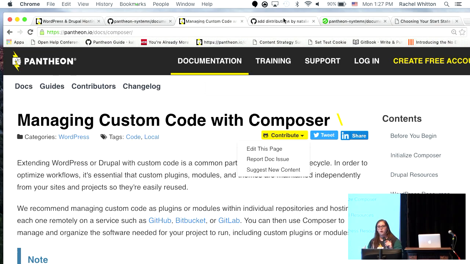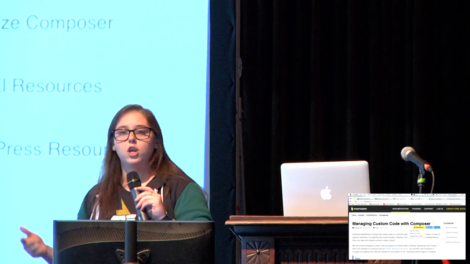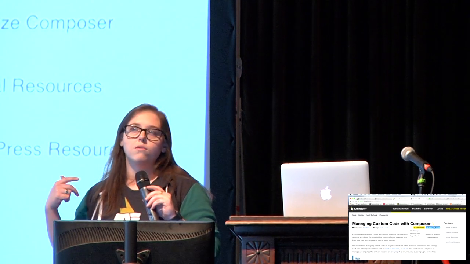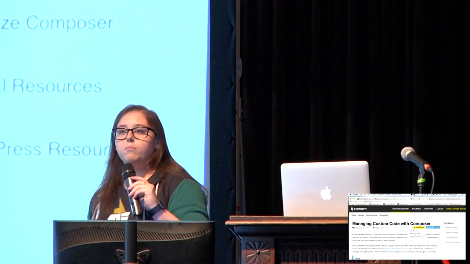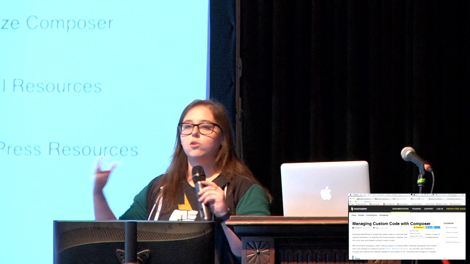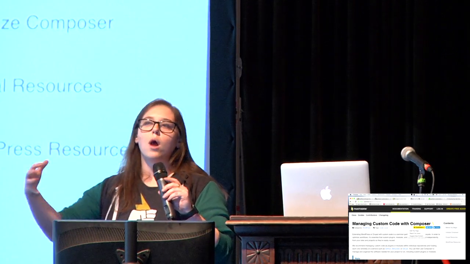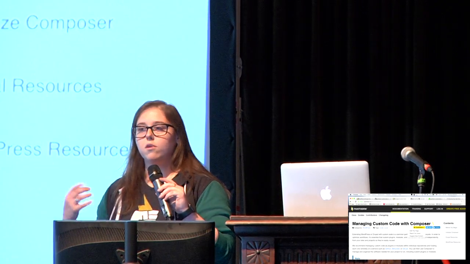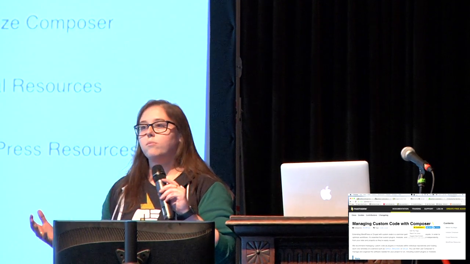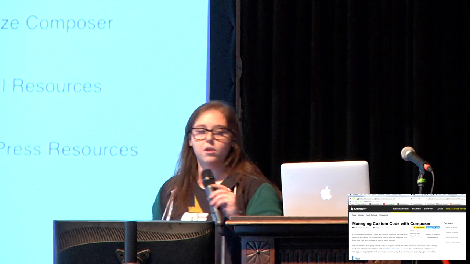We use BEHAT tests, we do HTML Proofer, which is HTML validation, and then we also do accessibility tests to make sure that whatever updates we're pushing, we're not regressing on accessibility, so that people with vision impairments continue to be able to use our docs to the fullest of their ability.